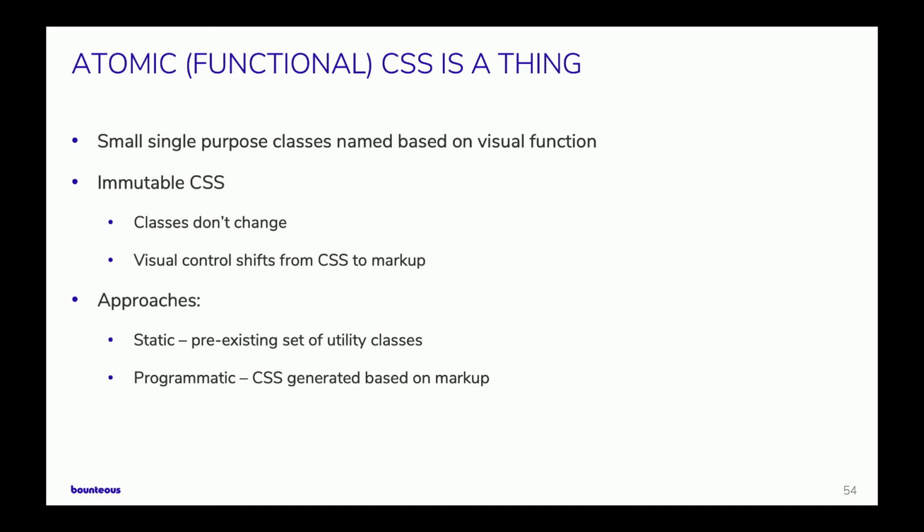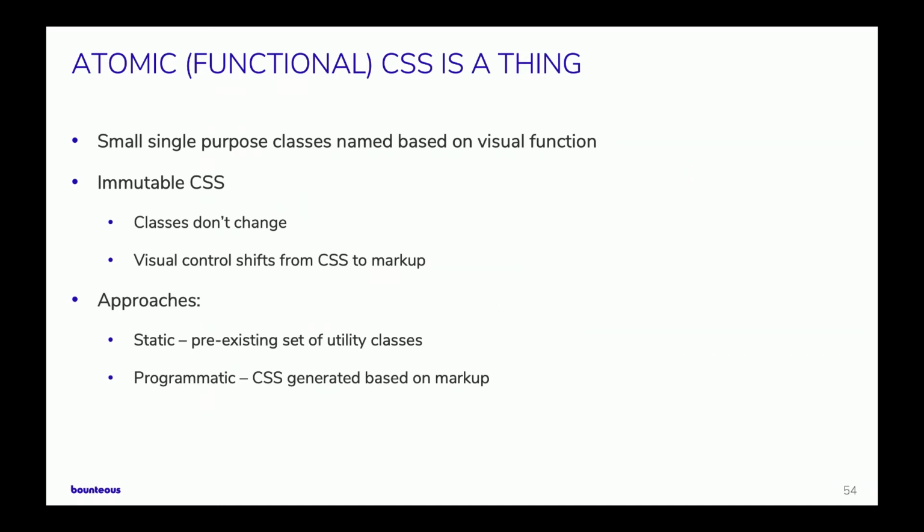Should be pretty clear from reading them. And the CSS doesn't change, it's immutable. So really, and we'll see an example in a second, you're actually doing most of what you would do to change the look and feel of something in the markup rather than in CSS. You have a particular set of class names that you can work with.